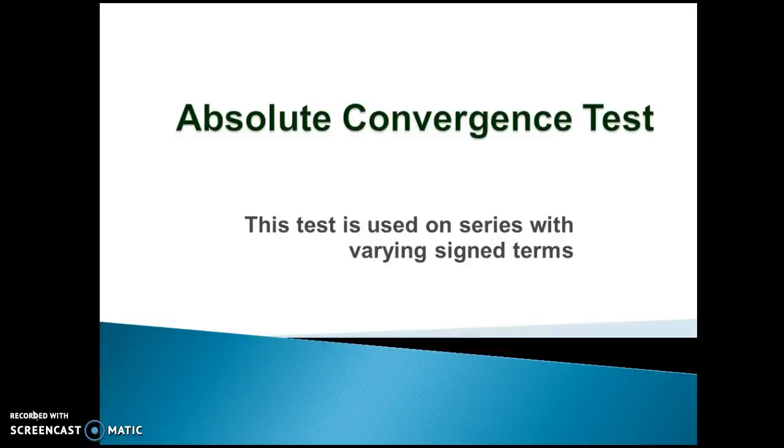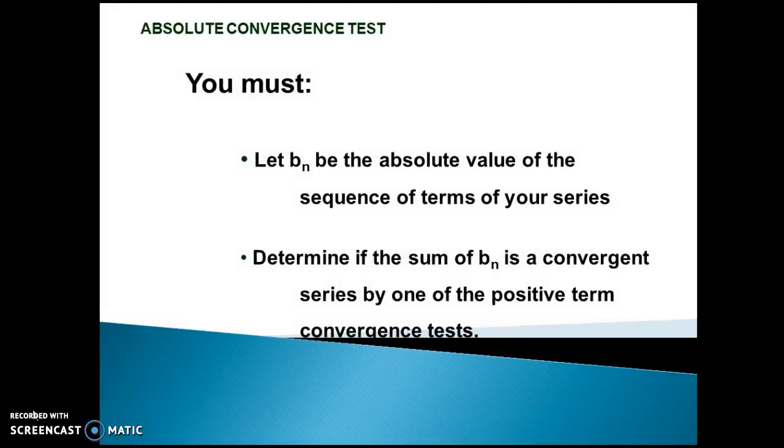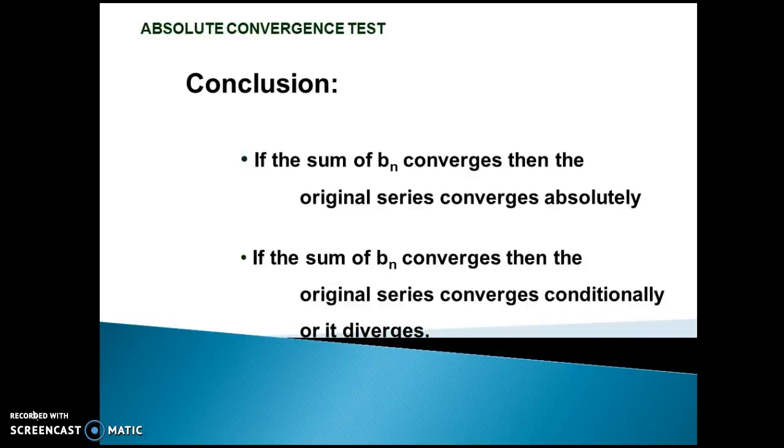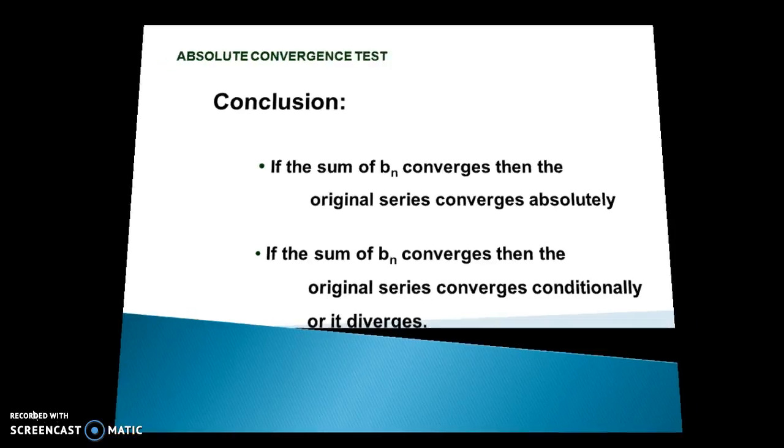Absolute convergence: this test is used for series with terms of every sign. If the sum of |an| converges, then the original series is absolutely convergent. If the sum of |an| is convergent, then the original series is convergent conditionally, or it diverges.